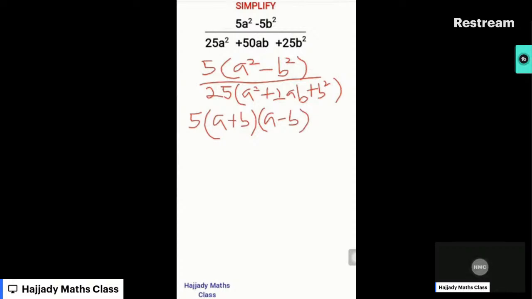Now for our denominator, our 25 is out here into bracket a square plus 2ab plus b square. In this case, we are making use of the factorization approach. Here you have your a square, and 2ab can be split into ab plus ab.